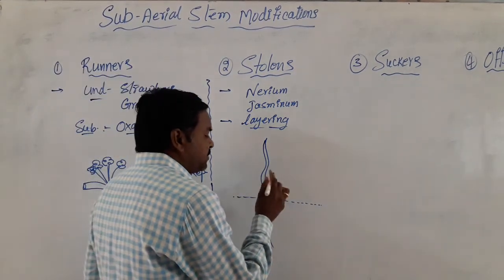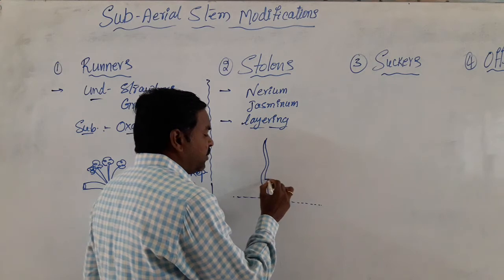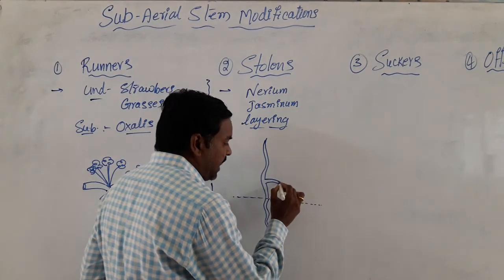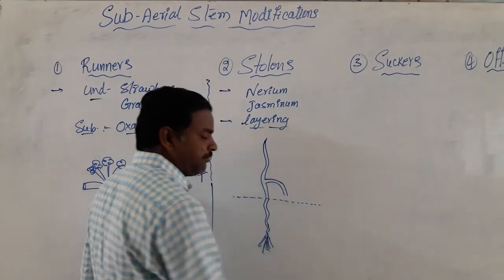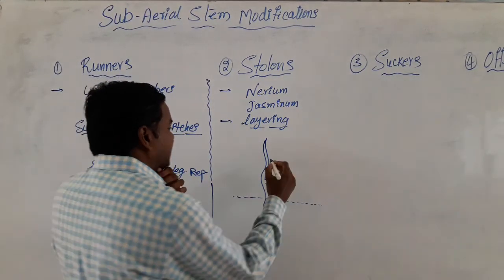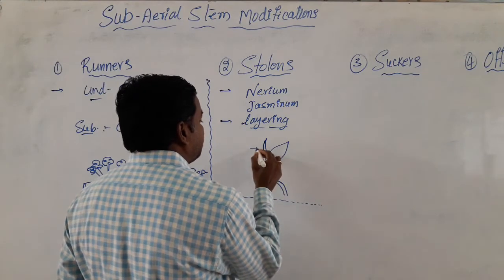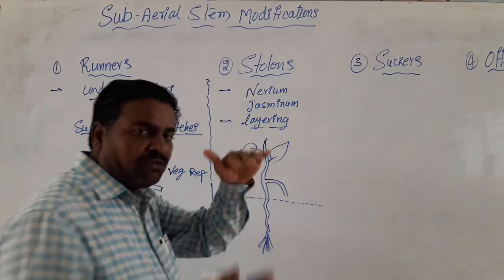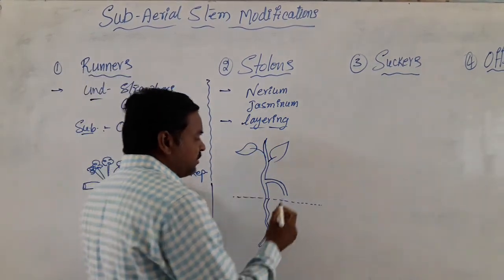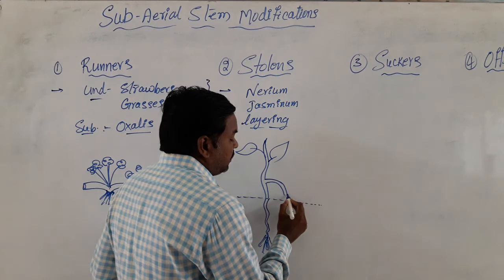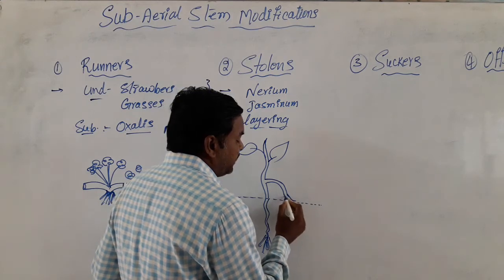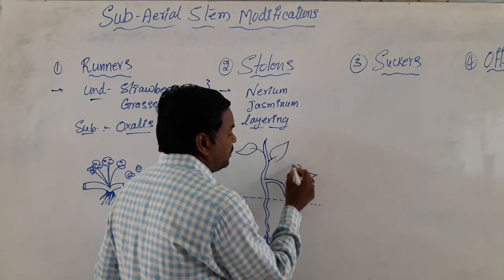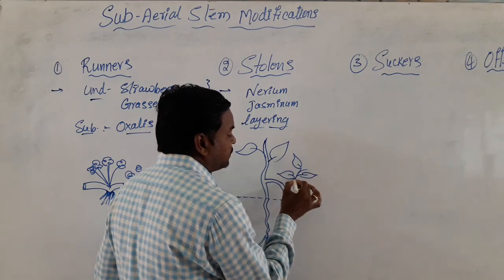Some branches developed from the lower nodes of the stem arch downwardly, grow obliquely and touch the soil, and then the branch becomes aerial like this.